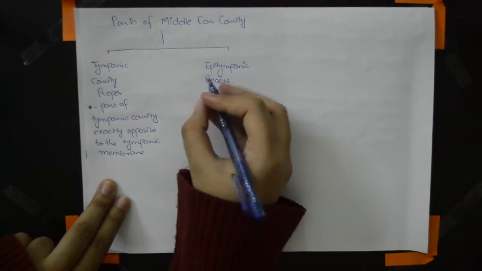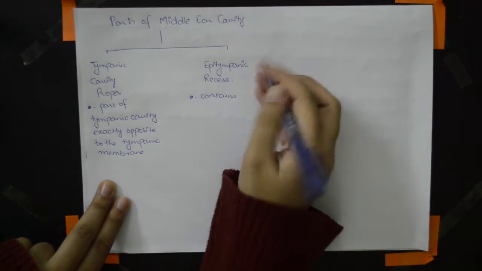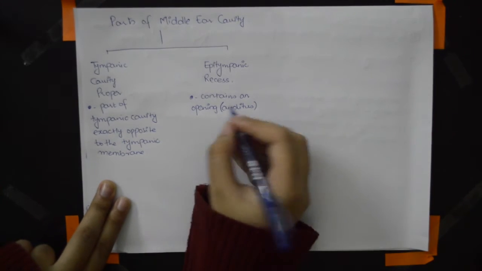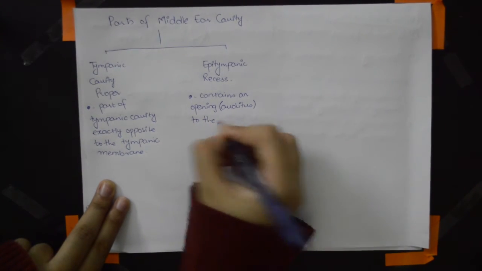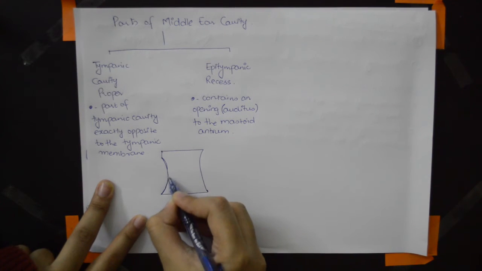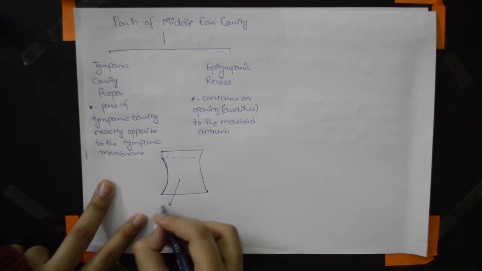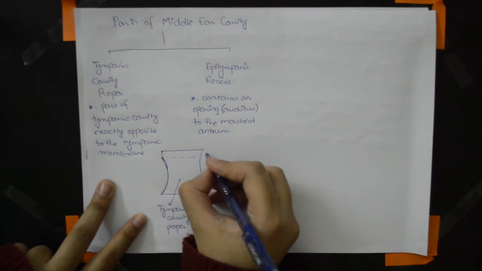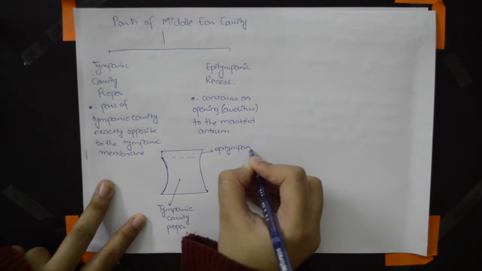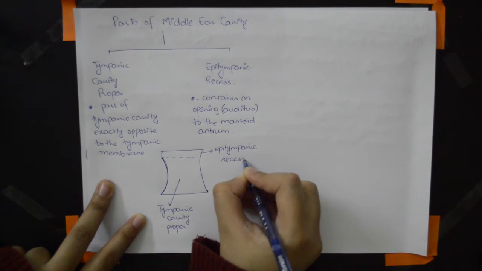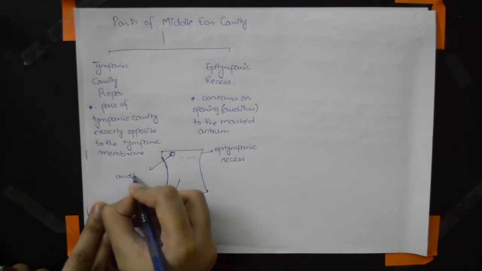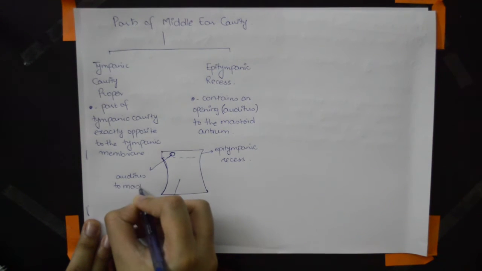And the epitympanic recess contains an opening, auditus will be a better word, to the mastoid antrum. This part is the tympanic cavity. This is the tympanic cavity proper. This is the epitympanic recess, and this over here is the auditus to the mastoid antrum.